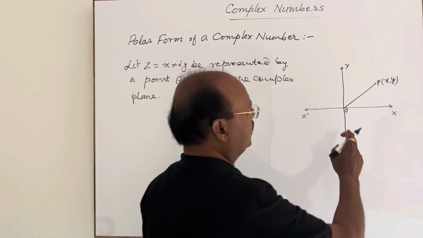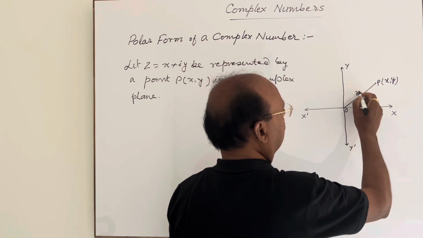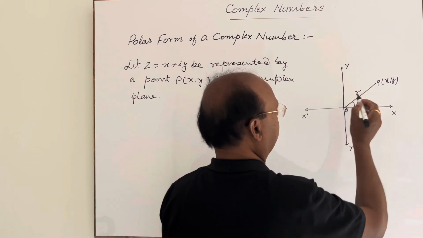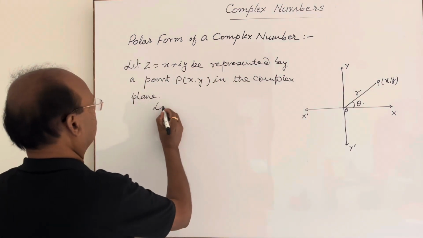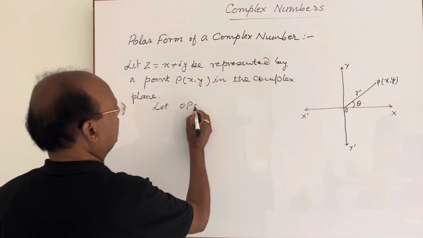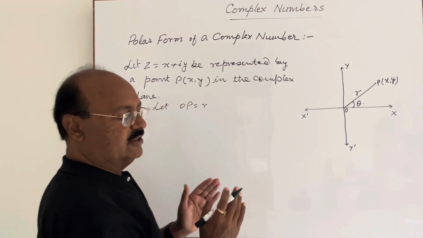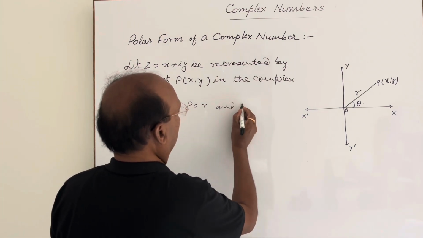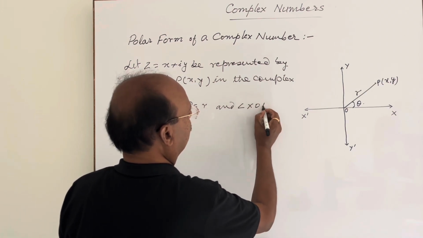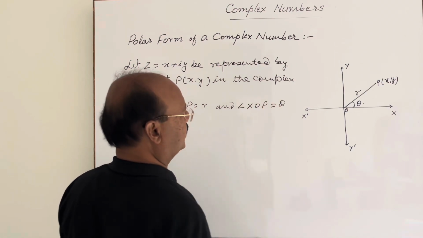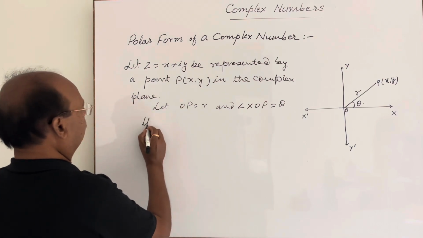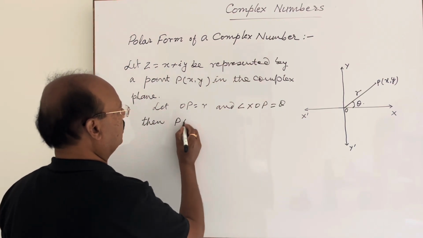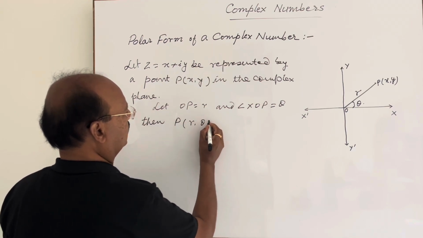Suppose this distance OP is r and this angle XOP is theta. Let the distance OP be r, which is always a positive value, and the angle XOP be theta. Then this point P has coordinates (r, theta).